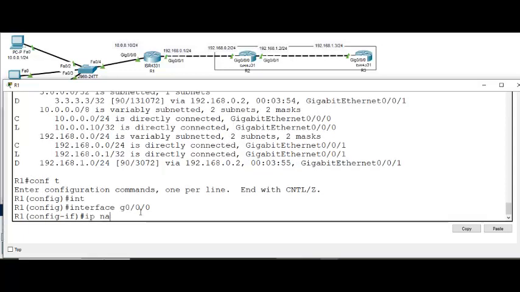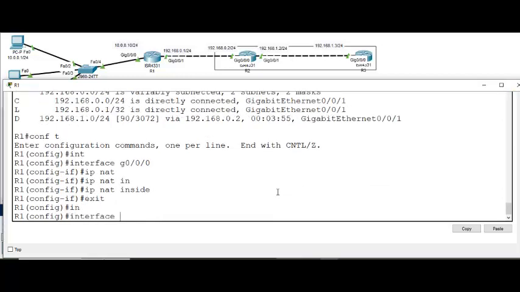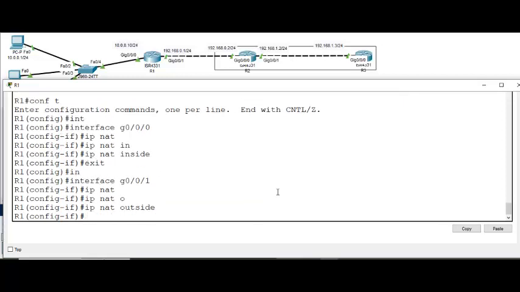This is a very important command. Many people forget to put it. They will put the other big command, but they will not put the simple commands, ip nat inside and ip nat outside. You should tell clearly which side is the real address and which side is the mapped address. Mapped address is the outside.